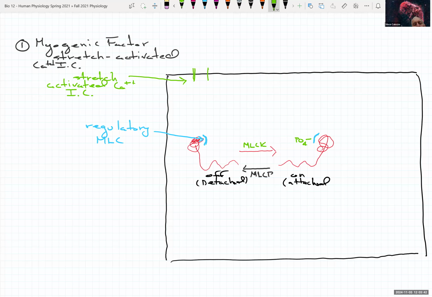So when a muscle cell is stretched, that causes these calcium ion channels to open up. And in so doing, calcium ions flow into the cell according to their electrochemical gradient.